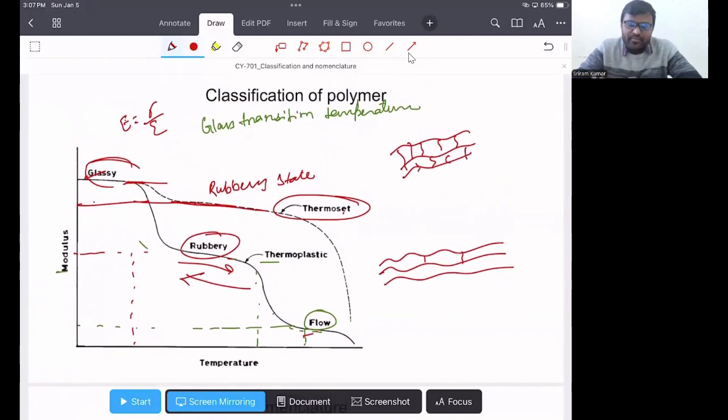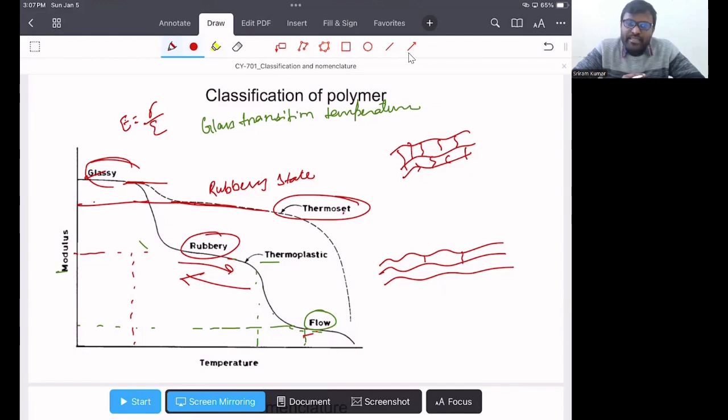So we are done with the classification of the polymers, and these are very important parameters. We understand the thermomechanical properties of thermoplastics and thermosets.